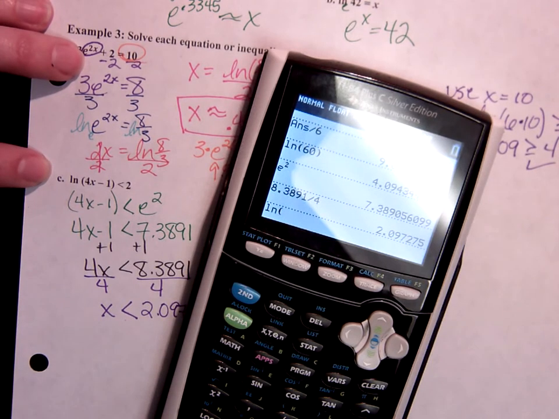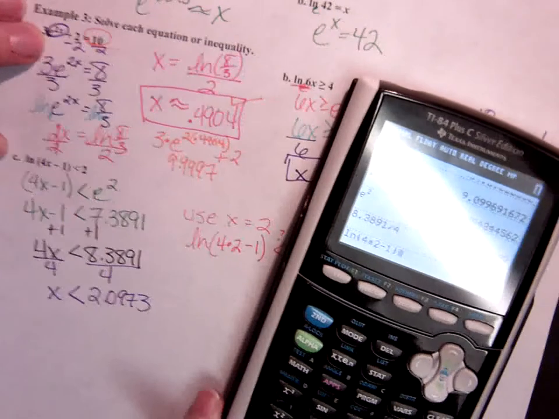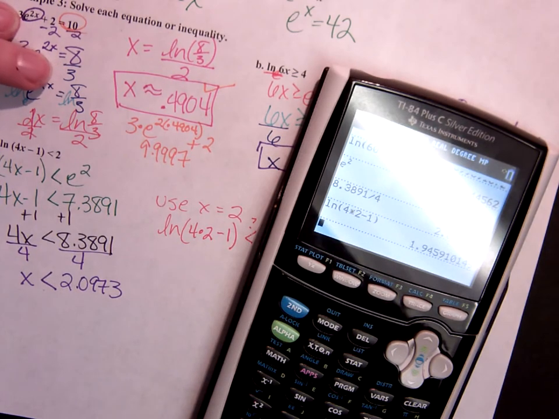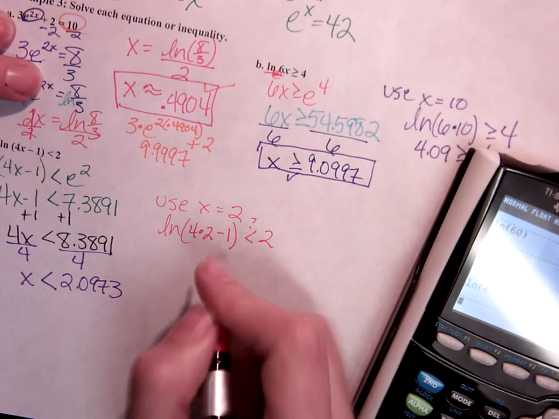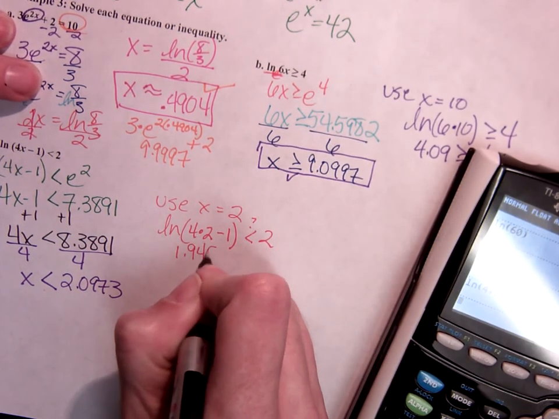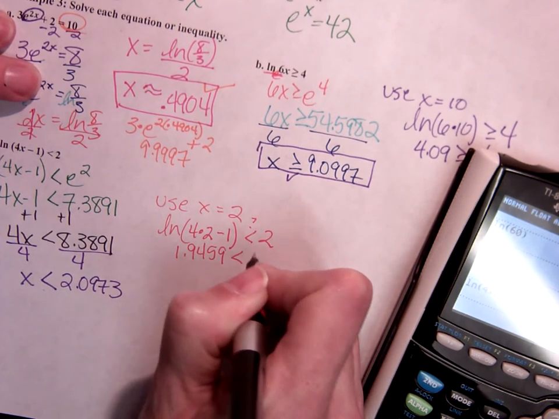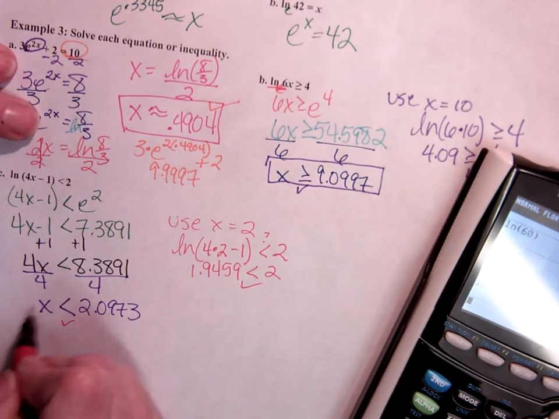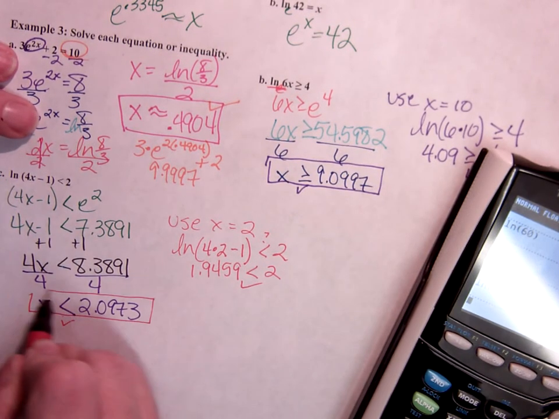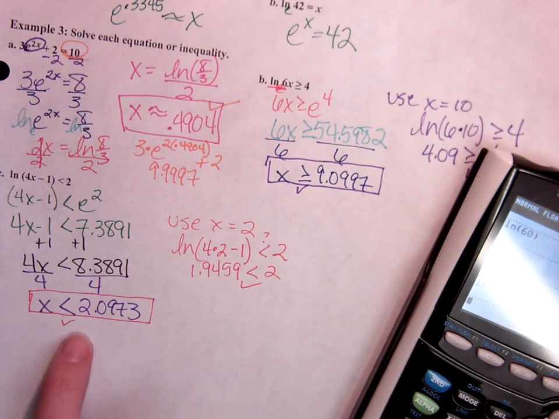And I get 1.9459. That is less than 2, so I know my inequality is correct. X should be less than 2.0973.